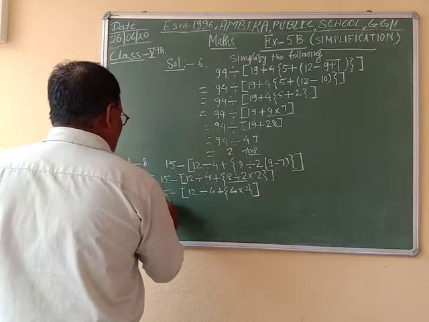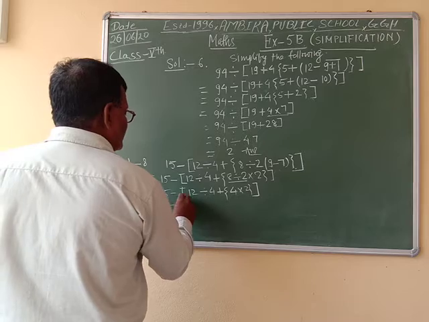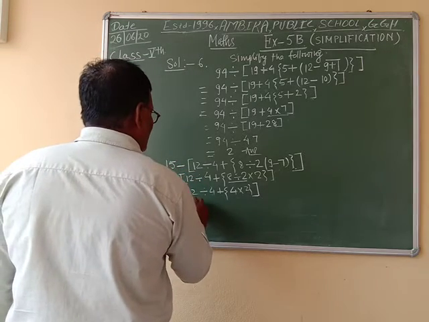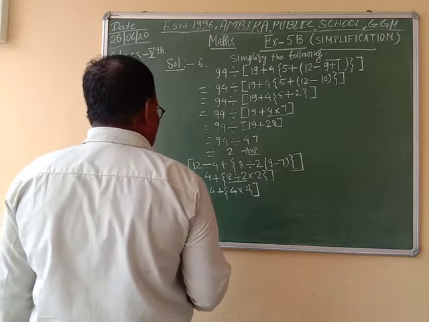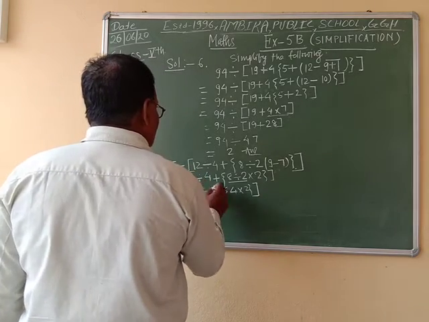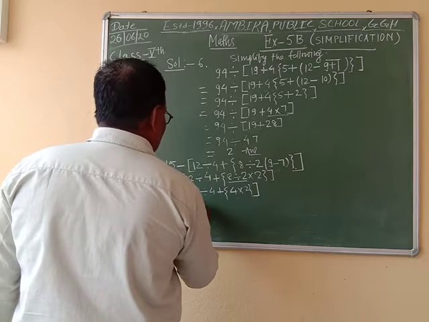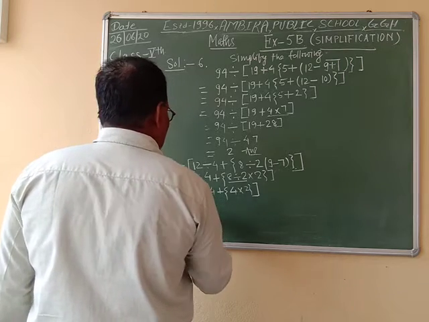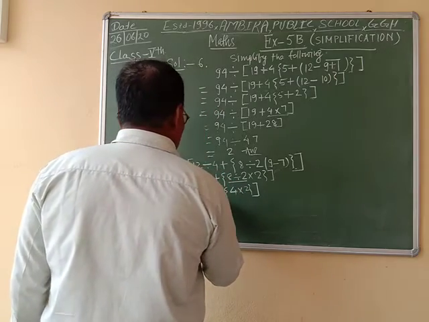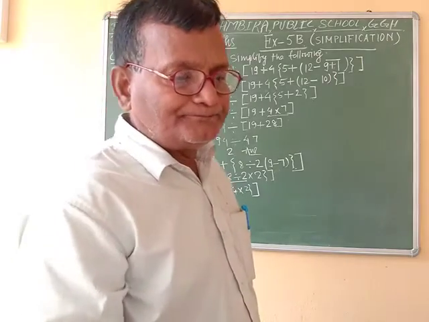In the next step, we write 15 minus 12 divided by 4. 12 divided by 4 is equal to 3 plus 4 into 2. 4 into 2 is equal to 8.